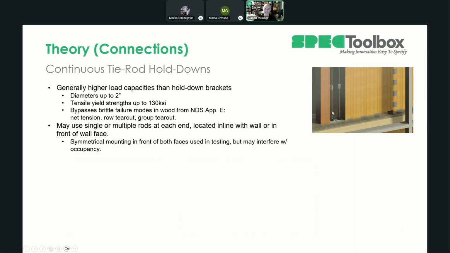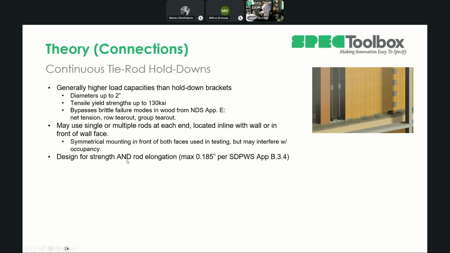I would start getting a little uncomfortable adding a whole bunch of rods in line there. If you're wanting to do multiple, I would switch over to maybe 4 of them, 2 sets of 2, near side and far side, in front of the face of the panels. But again, that may interfere with occupancy issues.